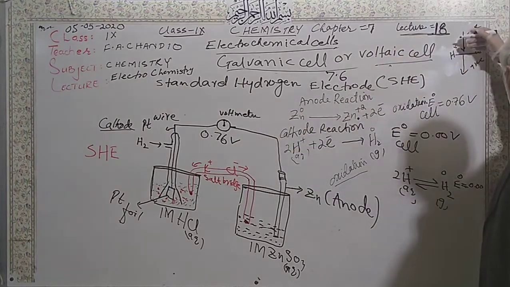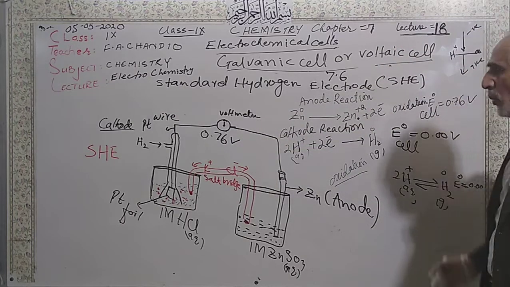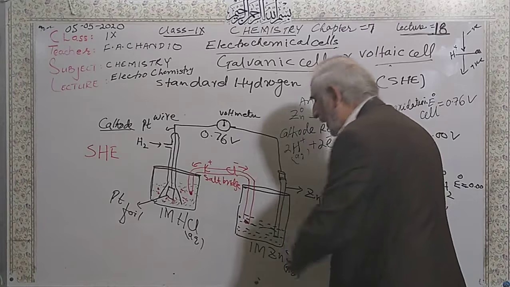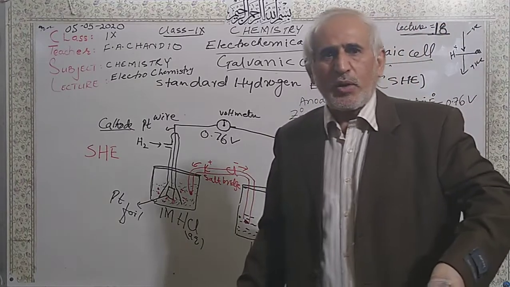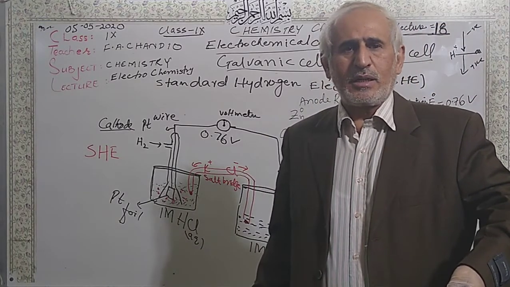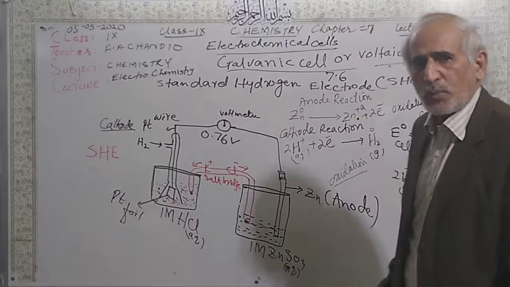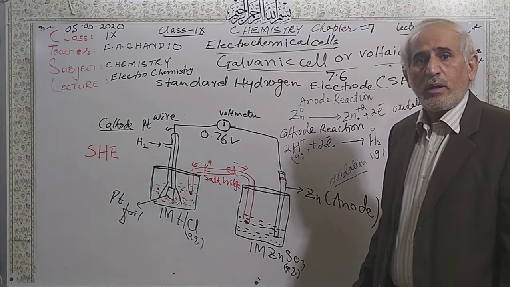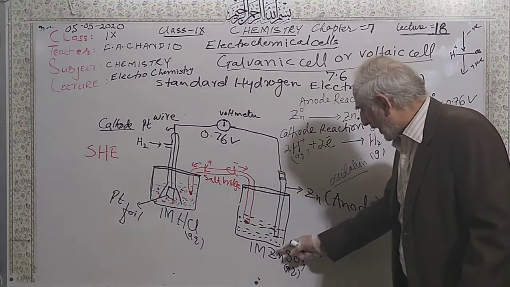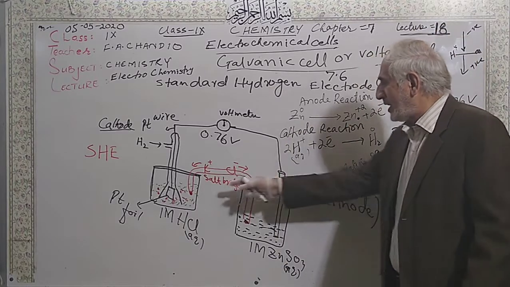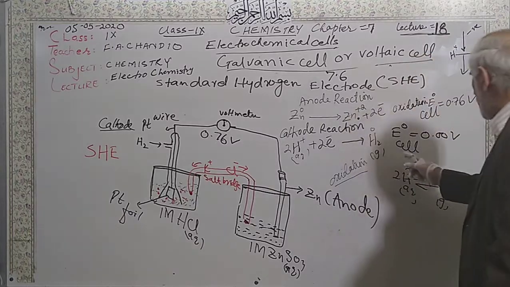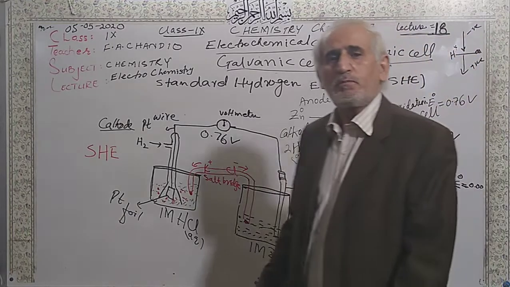Now if you use copper, copper is below hydrogen in the electrochemical series, plus 0.34 volts reduction potential for the copper. So if I put here copper sulfate and copper, this standard hydrogen electrode will be oxidized and copper will be reduced.